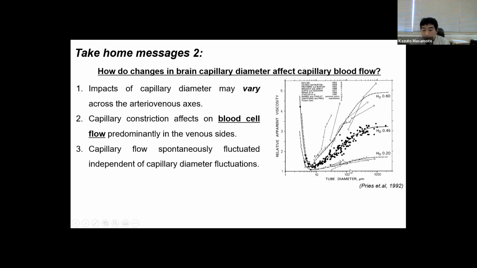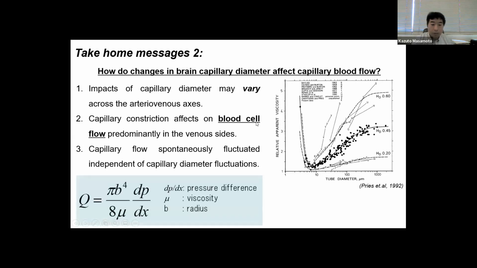This is the apparent viscosity depending on the tube diameter, and this is the theoretical part. And if the tube is smaller than the red blood cell size, it shrinks, and the resistance suddenly increases. This is because the cells are stacked. So we also know this is independent of the diameters.